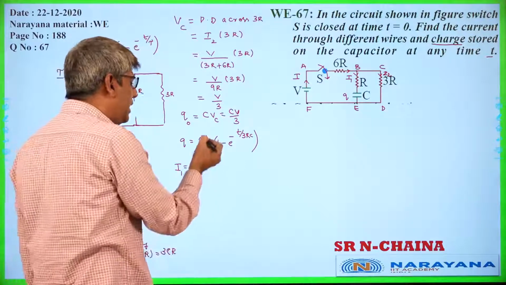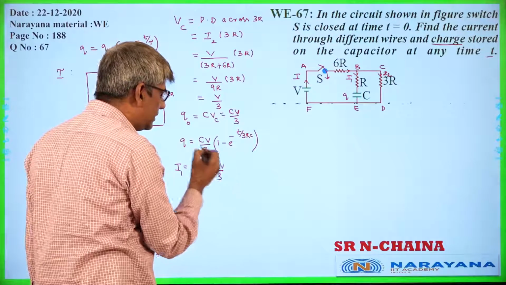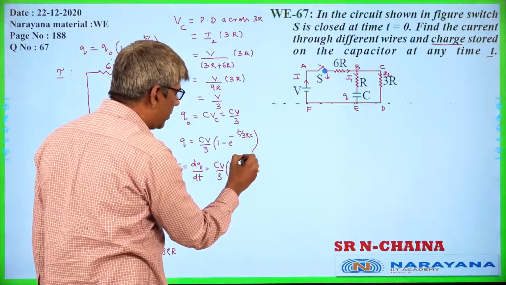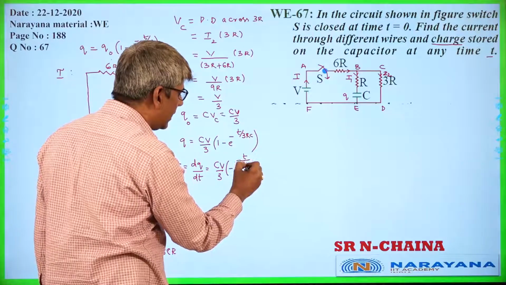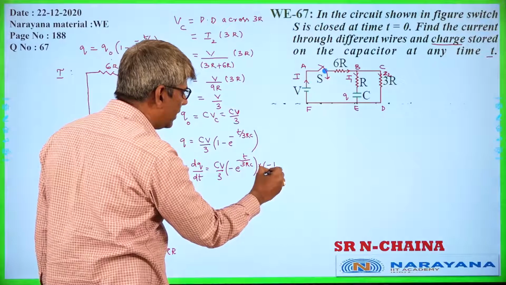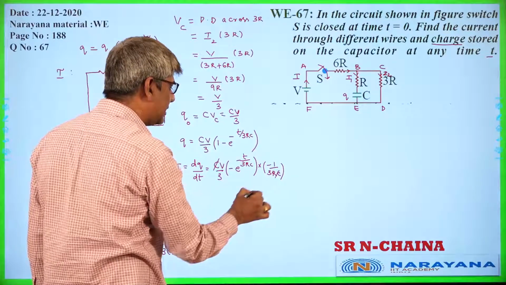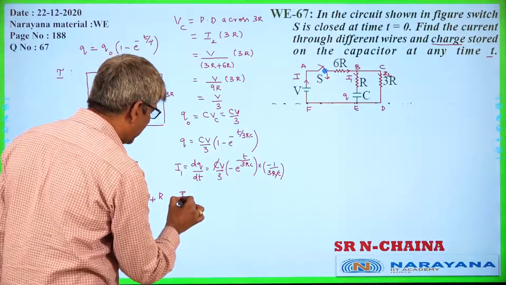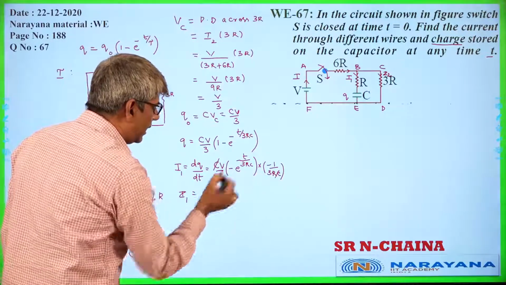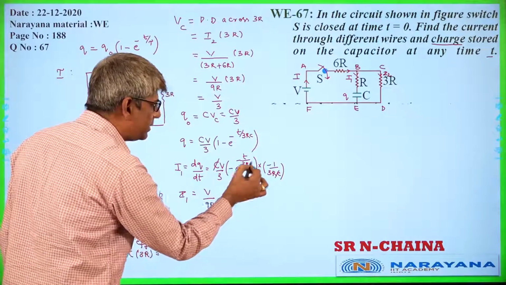Differentiating this, the first term is 0, whereas the second term is CV by 3 into minus e power minus t by 3RC into minus 1 by 3RC. The C and C get cancelled out. So we get I1 equal to V by 9R. Minus of minus is positive.